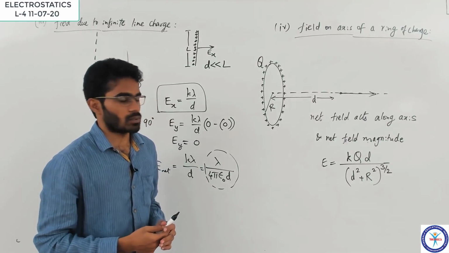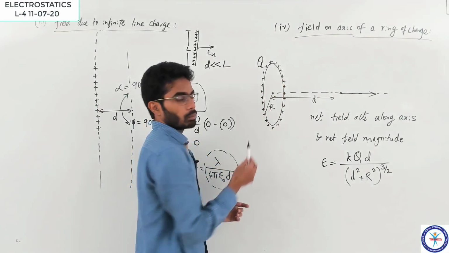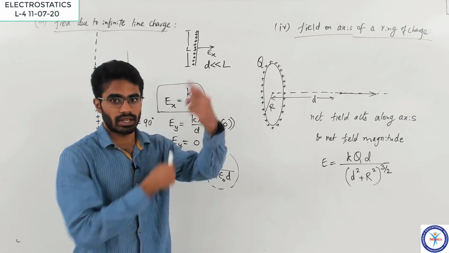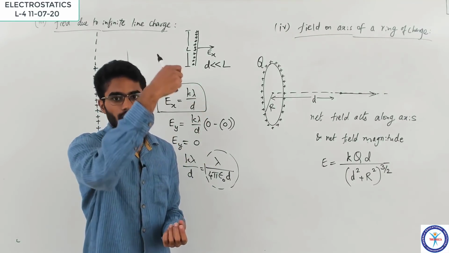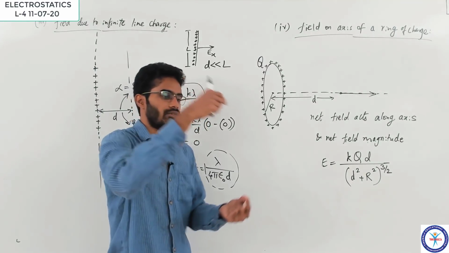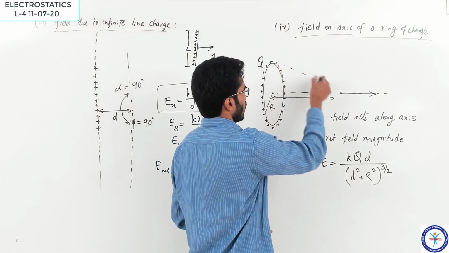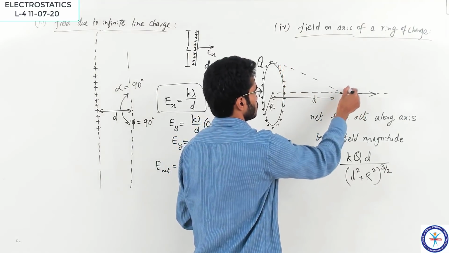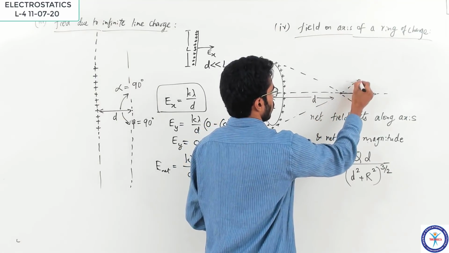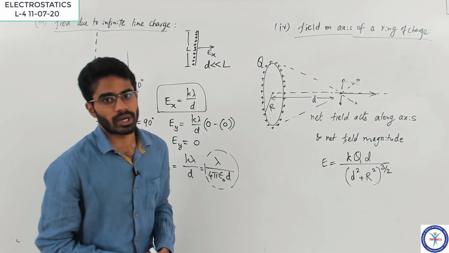This is due to symmetry as well, because you pick two points, up and below, right? Field due to this and field due to this. Imagine the ring here. So field due to the topmost charge and field due to the bottommost charge, they will be in such a way that their vertical components again cancel out. So if you take these two vectors, their vertical components are cancelled out, and only horizontal components add up.